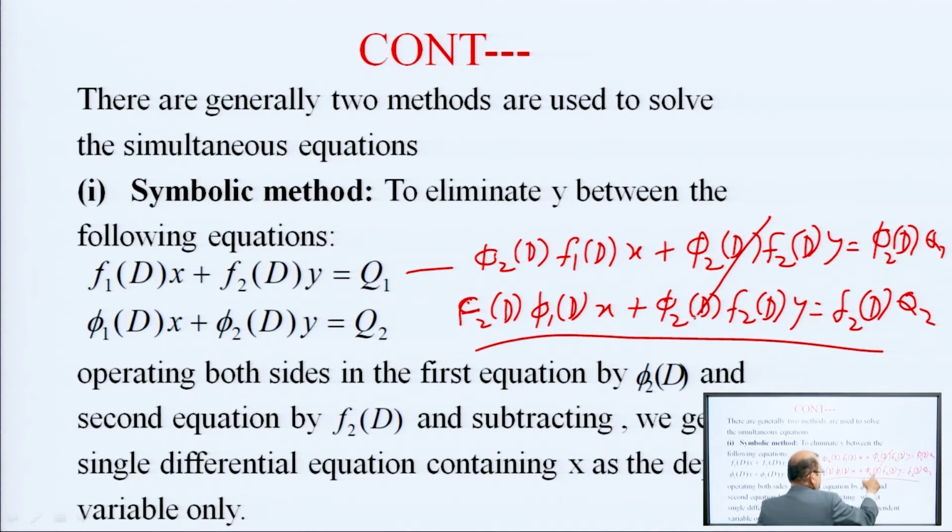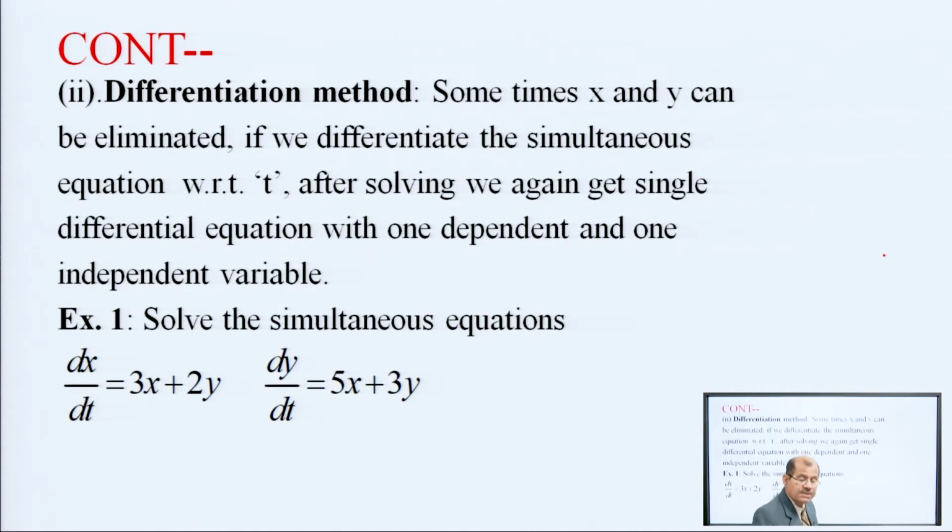Subtracting, y cancelled out, we get the equation in one dependent variable x, and the right hand side is phi 2 D q1 minus f2 D q2, and we find the solution in the usual manner we discussed in the previous slides.